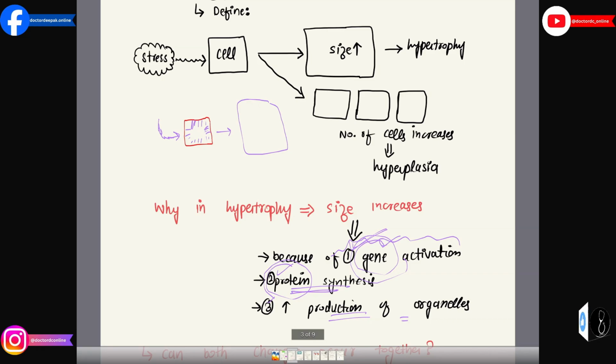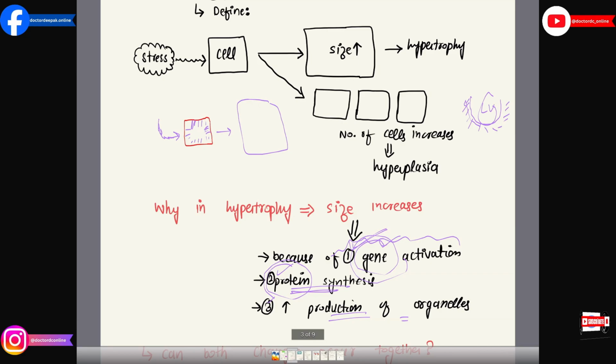A patient has systemic hypertension, which is a kind of stress on the left ventricle. We know that if the systemic hypertension is not controlled, it will lead to an increase in left ventricular size. So that is called left ventricular hypertrophy.